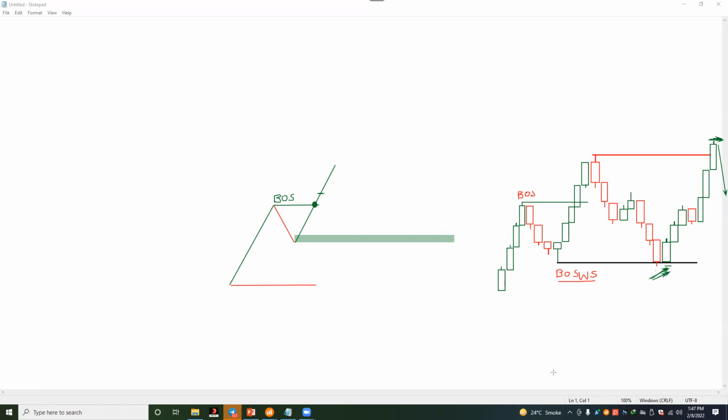So for the level we are taking, first of all, we are confirming whether this is a break of structure wave or not. If this is confirmed as a break of structure wave, then the lower wick and the upper wick of the break of structure are your levels. When these levels are broken, the market will reverse back for 5 minutes minimum.